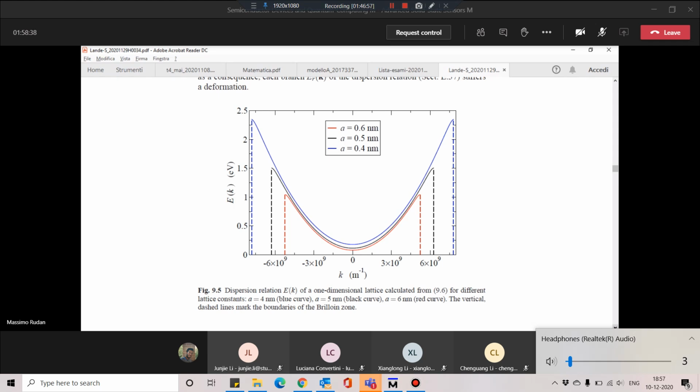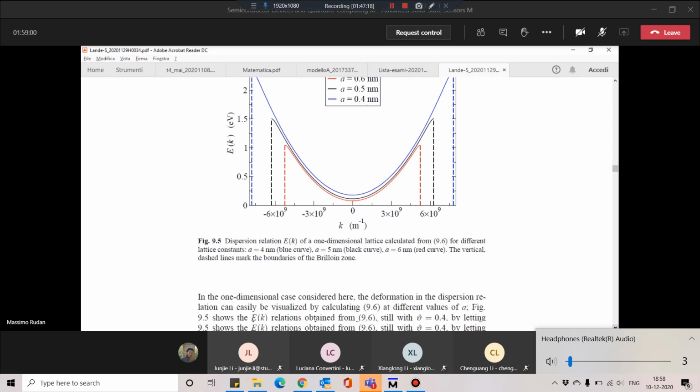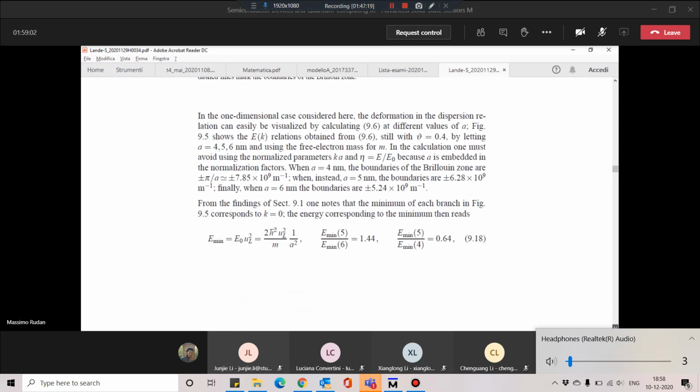Another thing that will be affected is the group velocity. You remember that the group velocity is the derivative of E with respect to K, so obviously if you deform the band, you change the group velocity. So all these calculations are possible thanks to this very simple model.